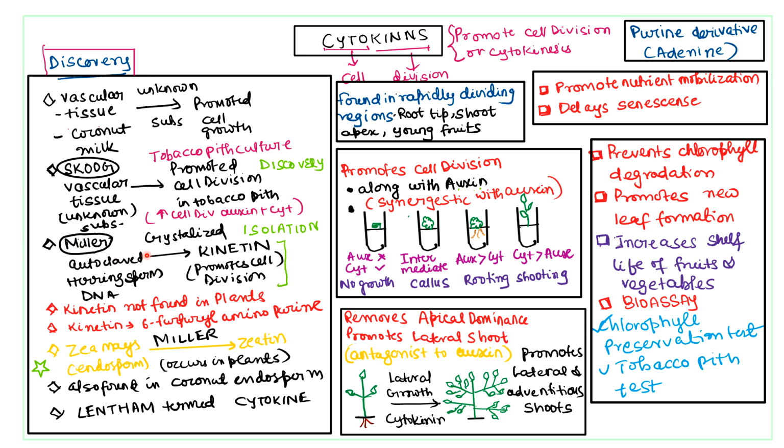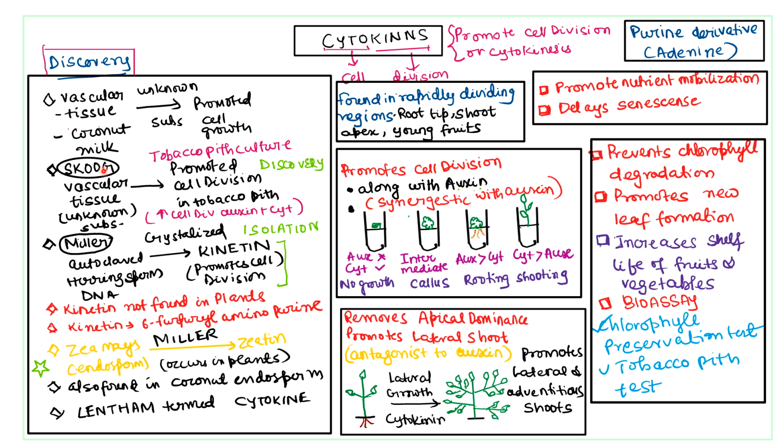Later, Miller crystallized or isolated a particular type of cytokinin, kinetin, which is not found in plants, but was isolated from autoclaved herring sperm DNA. This kinetin was found to be 6-furfuryl aminopurine, and it was found to increase cell division.